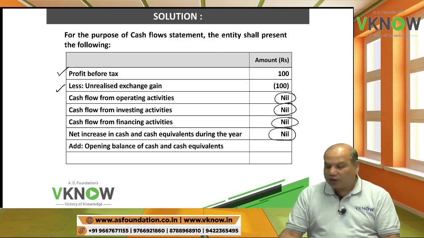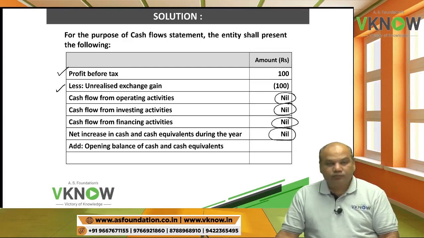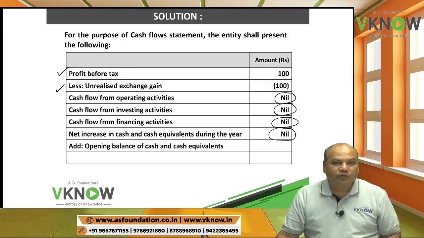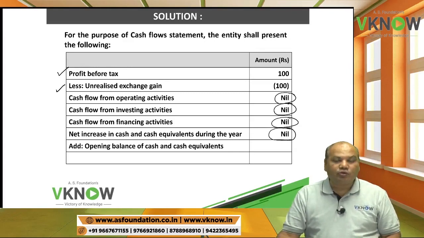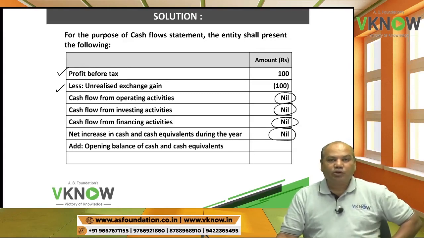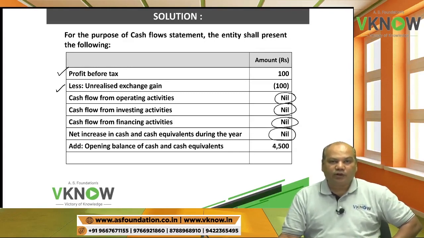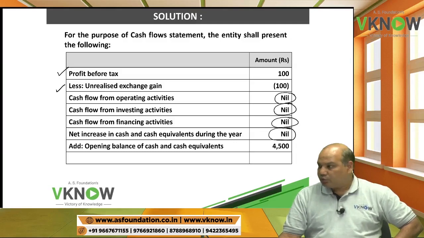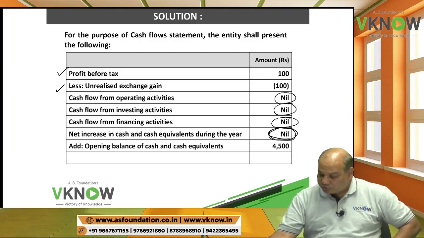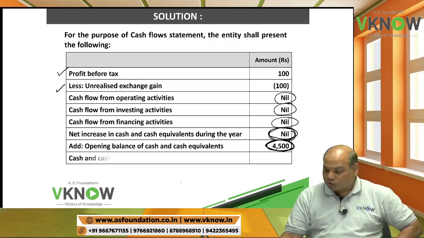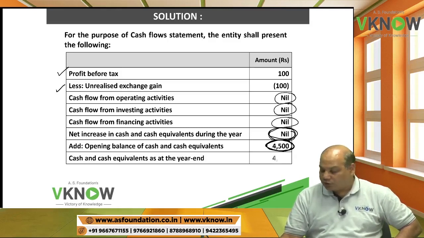Opening balance of cash and cash equivalent, read your question first line. The opening balance is 4,500. 0 plus 4,500, your closing balance will be 4,500.